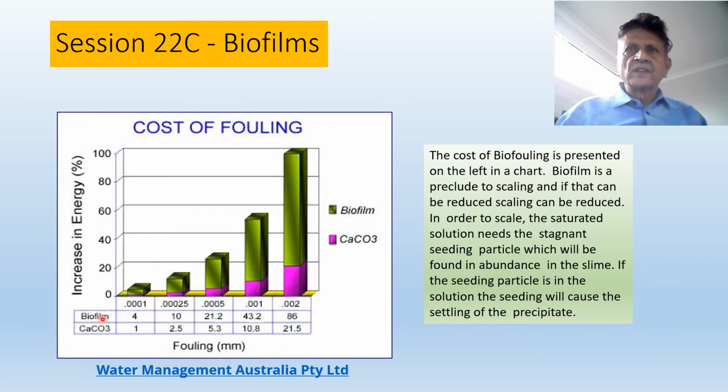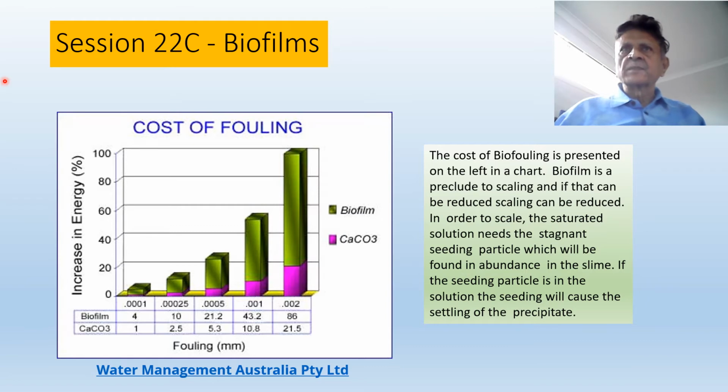The fouling is measured in terms of millimeter thickness of calcium carbonate scale that attaches to the slime, and the increase in energy required for the transfer of heat from the refrigeration liquid to the water is higher, and therefore a higher amount of energy and electricity has to be used.